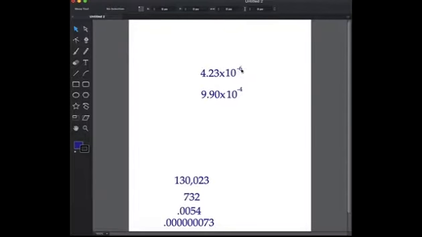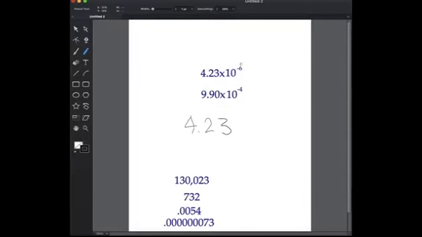Okay, so now we have a negative exponent in our last two problems. How do you write this down? 4.23. So let's start with that. 4.23. Now this is a negative exponent, so we no longer go towards the right.